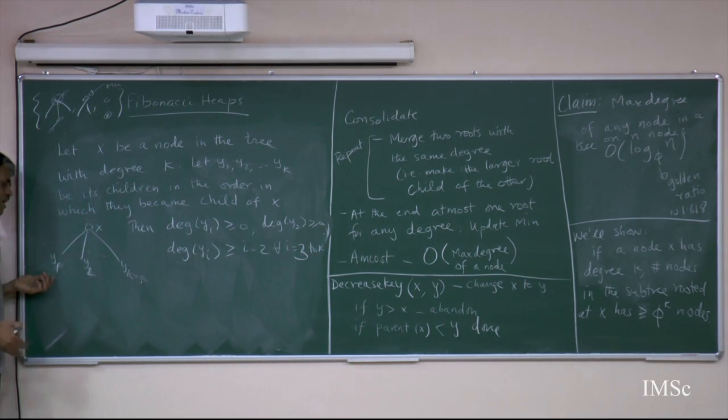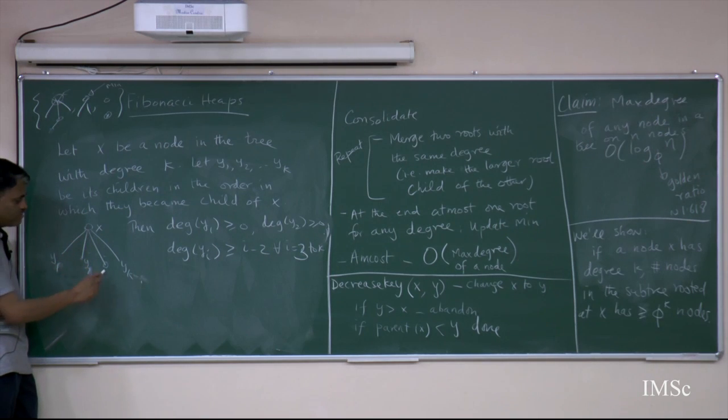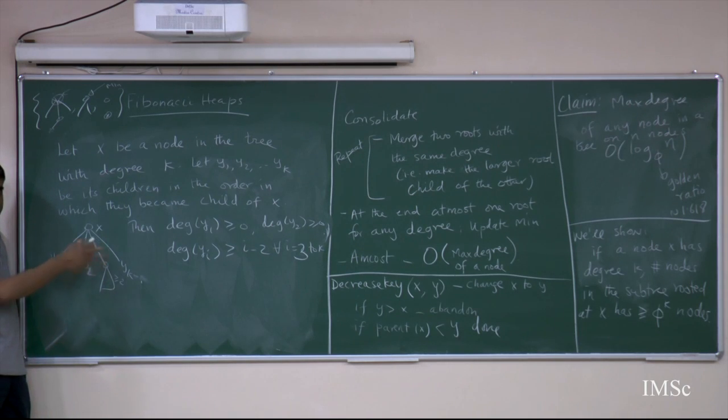So degree of y1 greater than or equal to 0, y2 greater than or equal to 0. I'm not saying much, right? But if you look at y3, its degree at the time when it became a child of x must be at least 2, because y1 and y2 must have been there, because I'm considering them in the order in which they became a child of x.